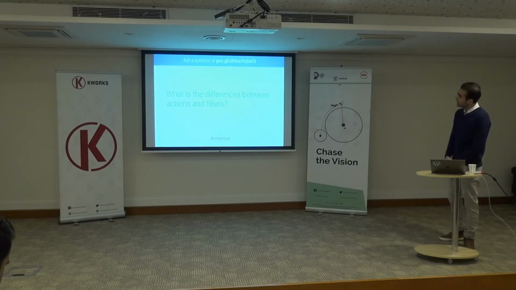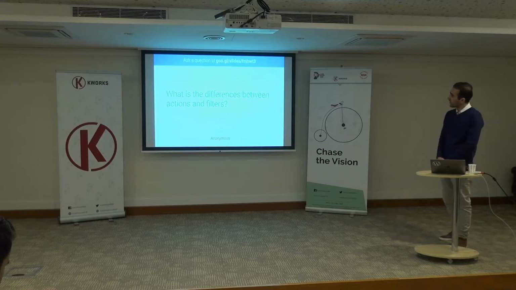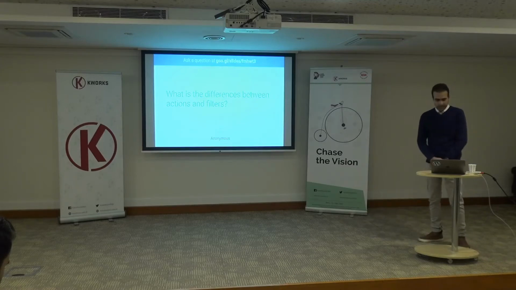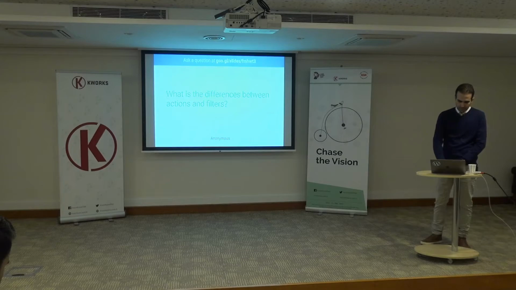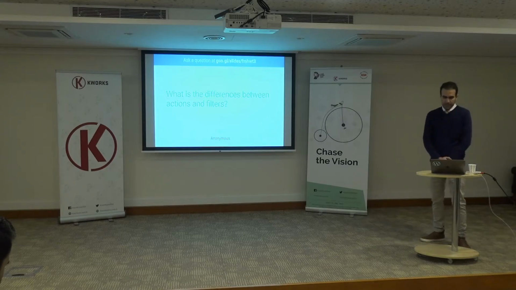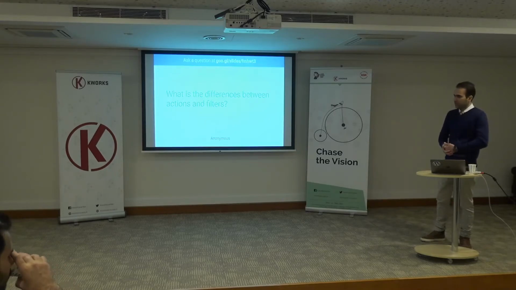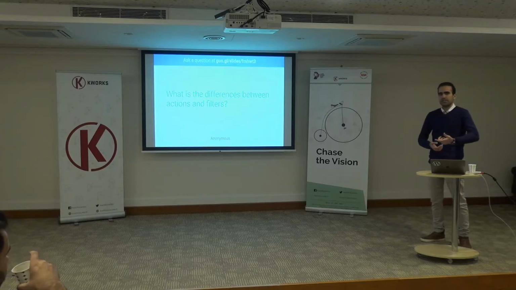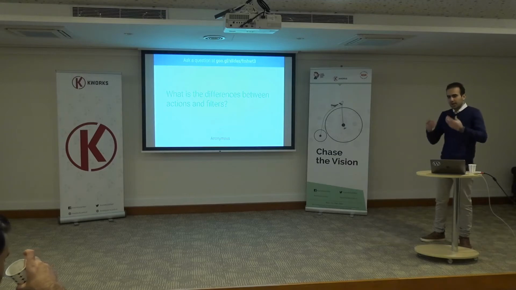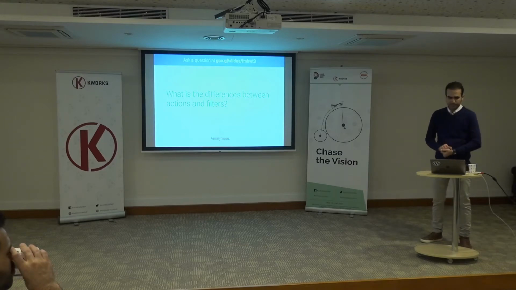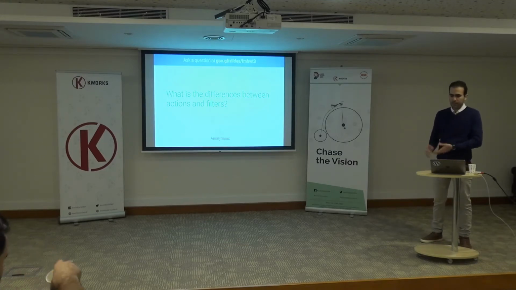And the second question: what is the difference between action and filter? For filters, you can change the output of your functions. For example, you have a function whose output is Sarah, and you can change the output of this function to something else, for example, hello Sarah.